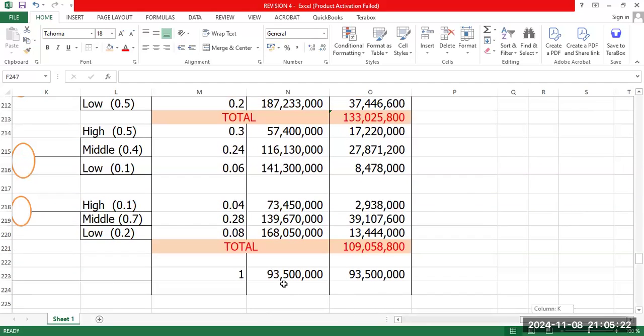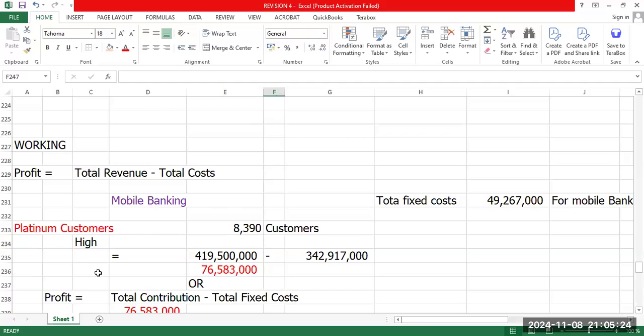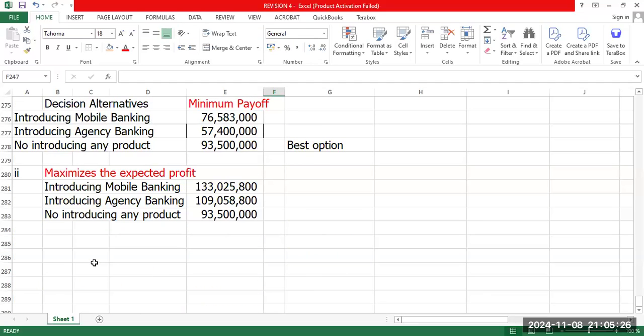Okay. So the question is, which one gives you the maximum, the highest? Which one here? You go with which one? Mobile banking. This one is the best option.